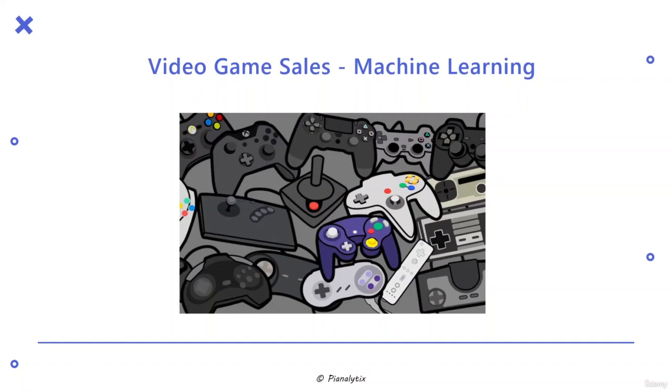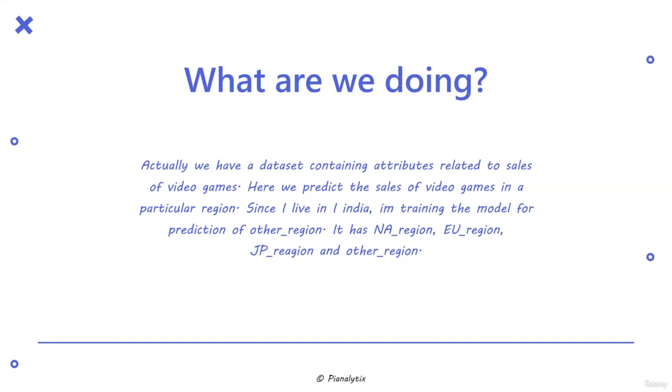Moving forward, so what are we going to do? Actually, we have a dataset containing attributes related to sales of video games that is present in our dataset. Here, we predict the sales of video games in a particular region, and the regions are defined just like I have specified, that is NA region, EU region, JP region.